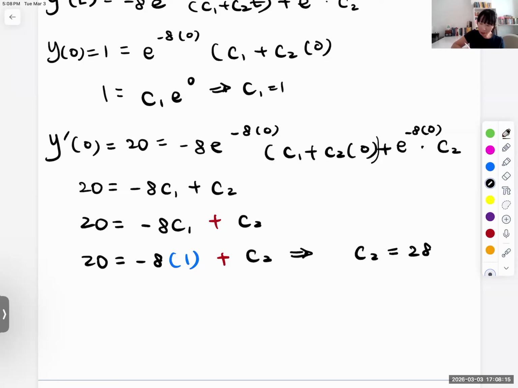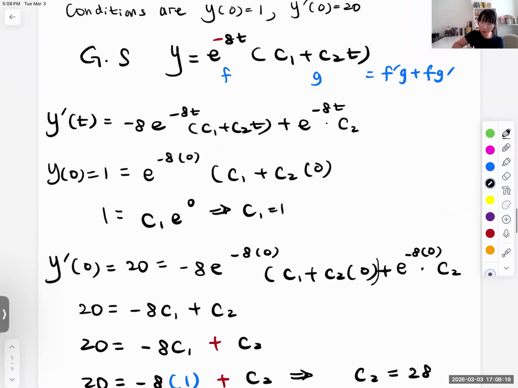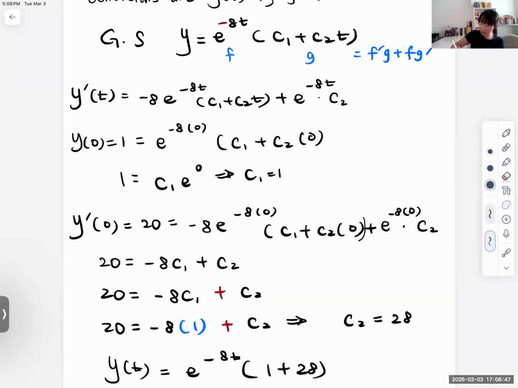From the general solution, we find the particular solution. In that case, y is displacement. So we have y equal to y of t actually, right? Equal to e to the negative 4t, c sub 1, which is 1, plus c sub 2, which is 28t, right?